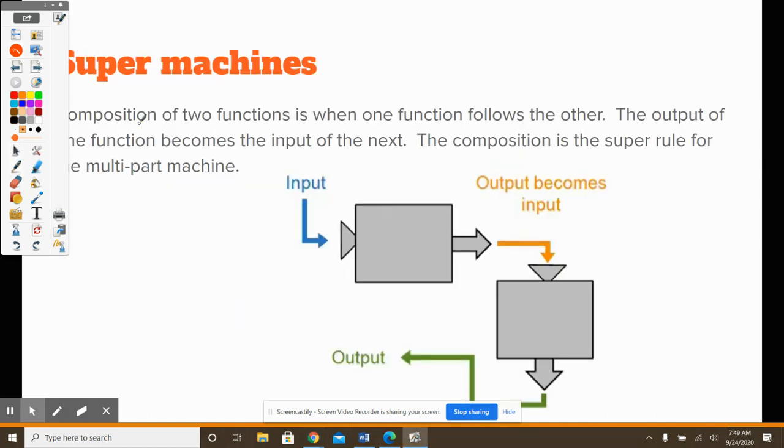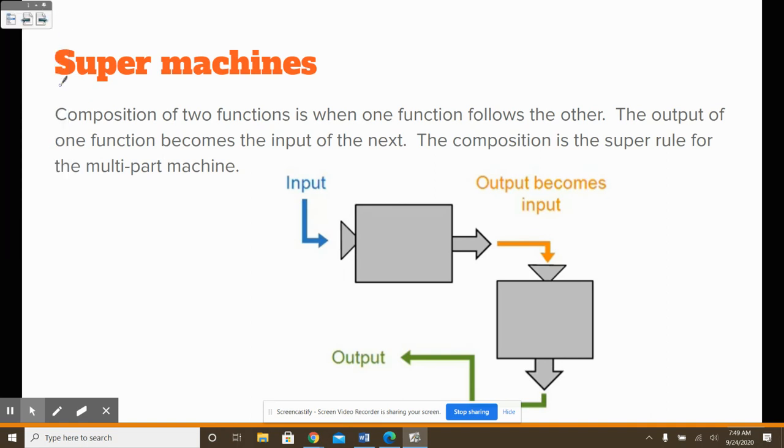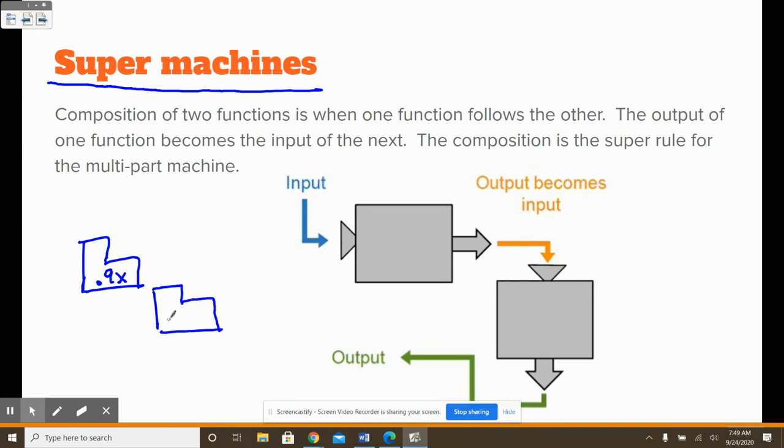Okay, so basically, whenever you have one function following another, we're creating these super machines. For this particular case, we had the 0.9x machine, and then that fell right into the x minus 100 machine. So you would dump in the price of the computer, which was $900.